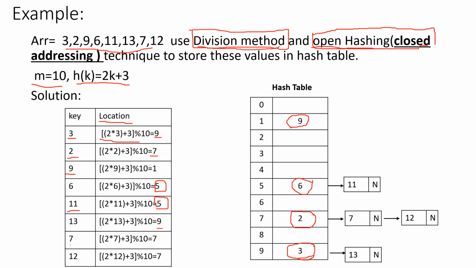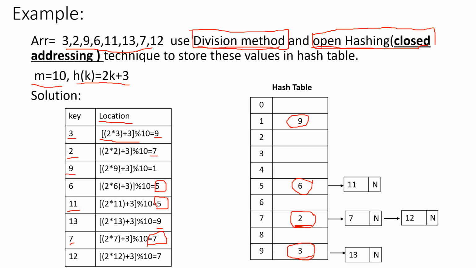Then coming to the 7, if we calculate the index for the 7, 2 into 7 plus 3, modulus 10, you will get the 7th index, and you have already seen that the element 2 is already stored at the 7th index. That's already filled. So where will you store the 7? What will you do? You have to create another node outside the hash table and store the 7.